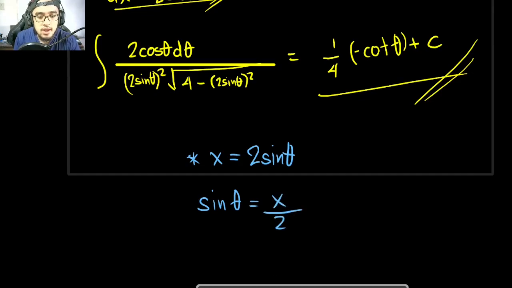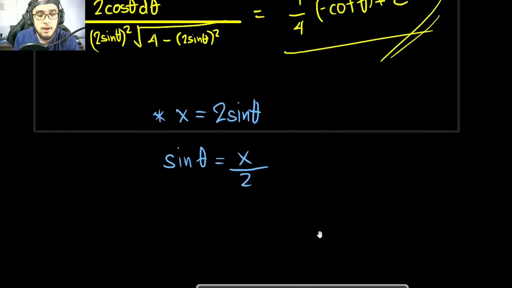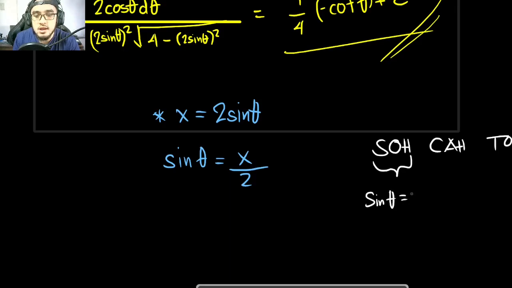So once again, what I did here was just to cross-multiply. If you can remember your identities, SOHCAHTOA, in your sine, sine theta is equal to opposite over hypotenuse.